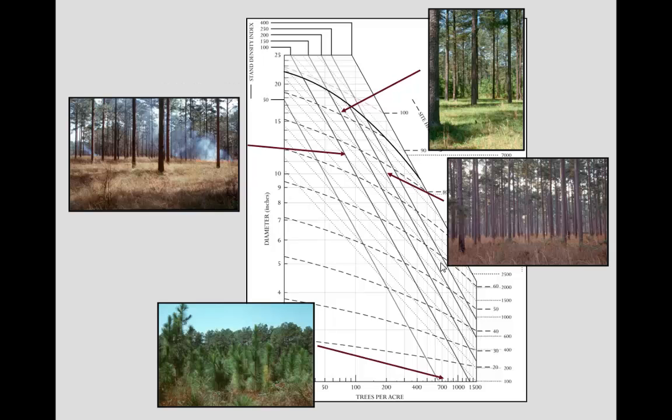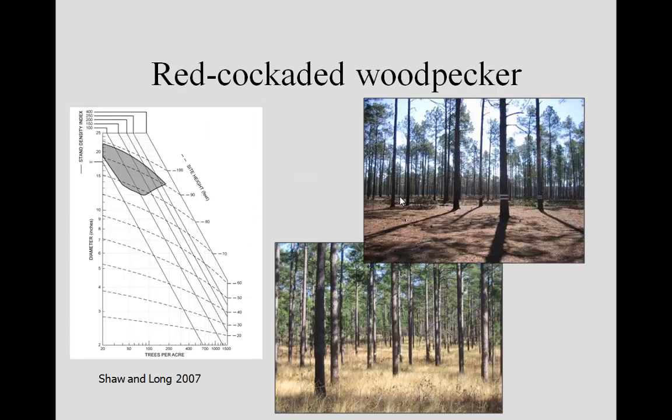So this is a diagram for longleaf pine in the southeast, and we've got a young stand down here, a very small DQ, about 700 trees per acre. Here's a mature stand, over 16 inches in diameter, about 100 trees per acre.